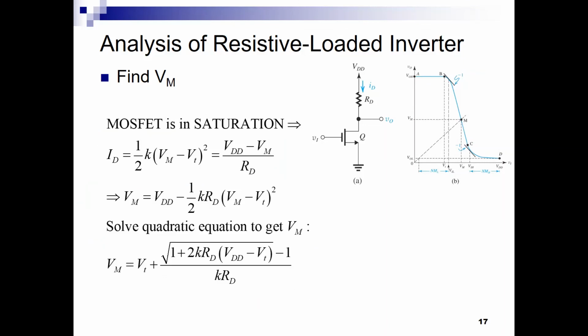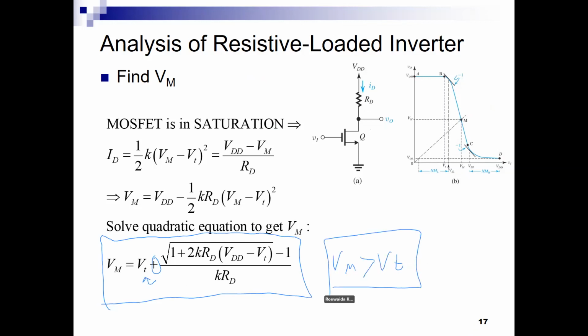Okay, to solve for VM, it is the point where we are still in the saturation region but Vn equals Vout equals VM. We put IR equal to the current of the transistor in saturation mode, where of course K equals K prime W by L. Okay, and then we find this closed form and take the root that gives me VM greater than VT.